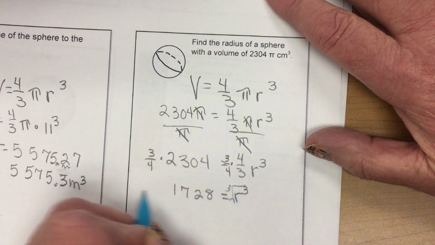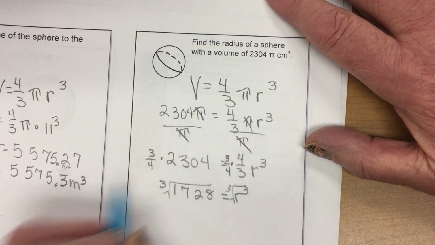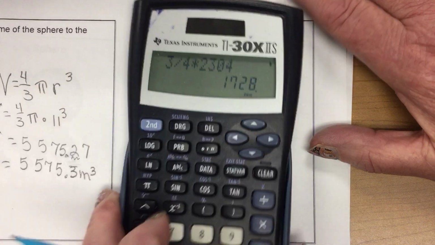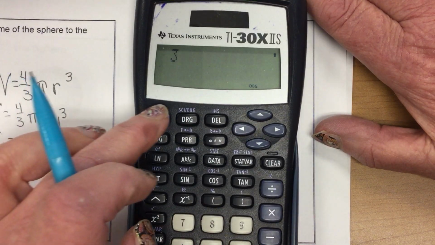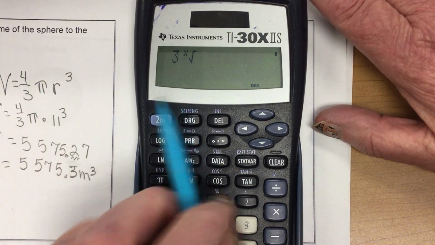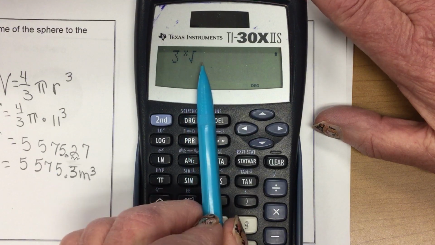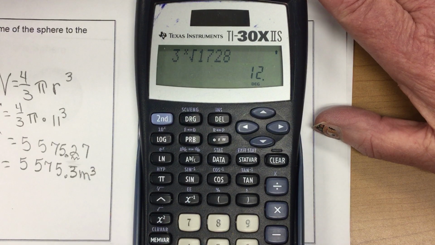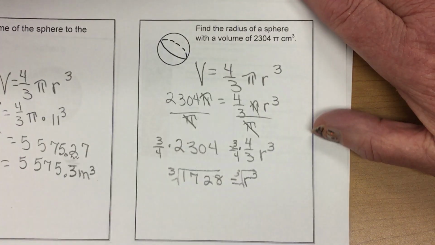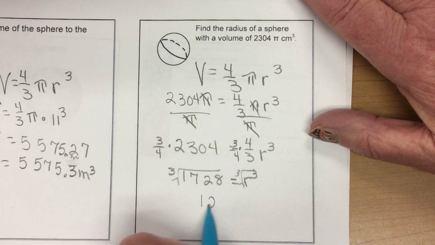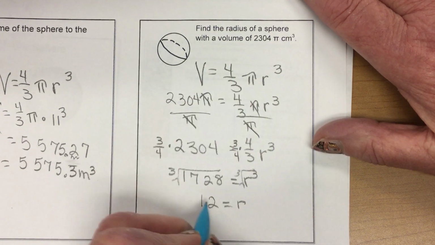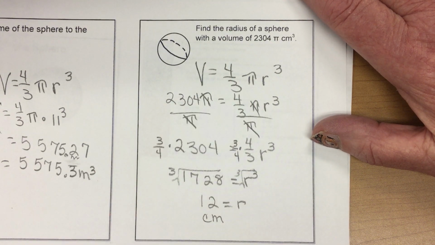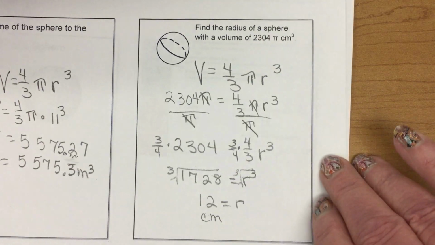I cube root, and we did those a couple chapters ago. But if you don't remember, we have to put the 3 in first as our index, find our cube root button, 1,728, and we get 12. So 12 equals r, labeled centimeters. So the radius is 12 centimeters.